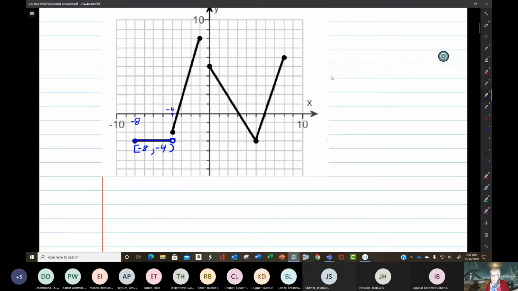All right, so I'm going to write the interval of constancy. Runs from -8 to -4.